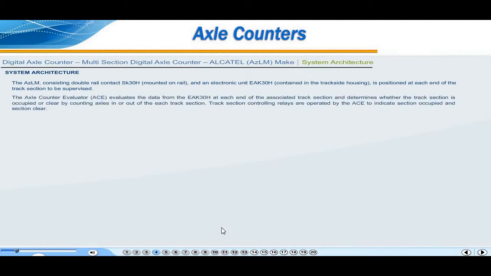The axle counter evaluator, that is ACE, evaluates the data from the EAK30H at each end of the associated track section and determines whether the track section is occupied or clear by counting axles in or out of each track section. Track section controlling relays are operated by the ACE to indicate section occupied and section clear.